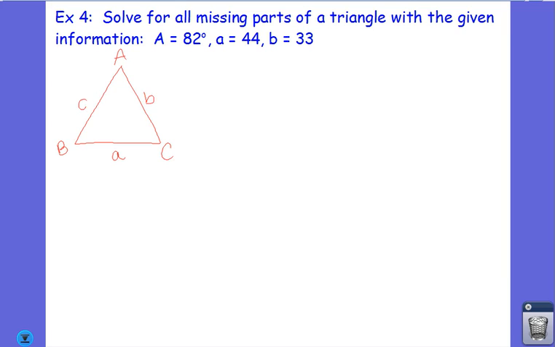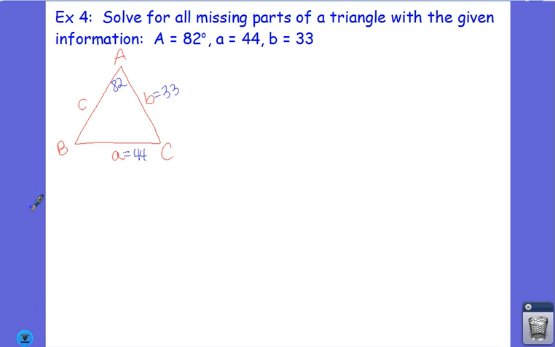So who do we know? We know that big A is 82, little a is 44, and little b is 33. The reason I say this problem is different is because every other problem we found the single missing angle right away. We can't do that this time because we only have one angle.